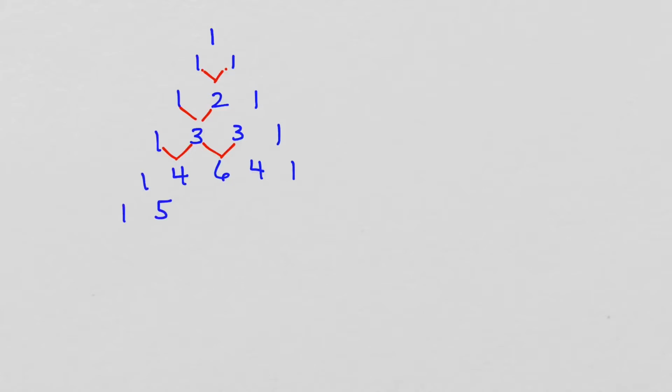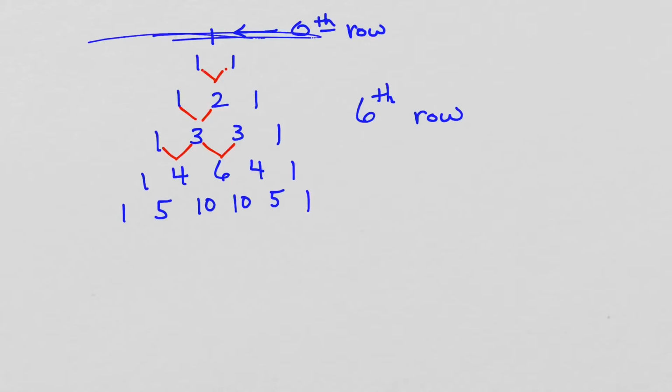And then I have 1, 5, 10, 10, 5, 1, almost there. We were working with this sixth power, so I need to go to the sixth row. The first row is not really the first row, that's the 0th row, and we just don't count it. So now we're at the sixth row.